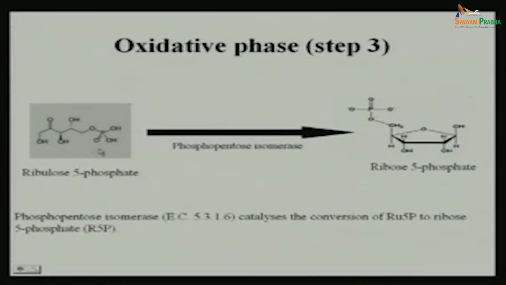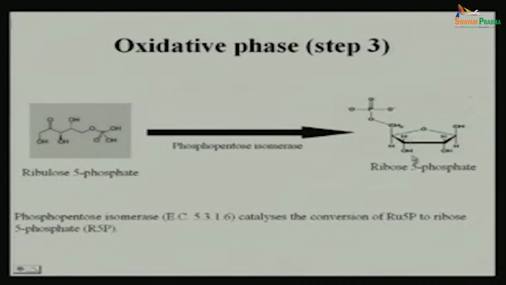When ribulose 5-phosphate is produced, in the presence of the isomerase enzyme, that is phosphopentose isomerase, this ketopentose sugar is converted to an aldopentose sugar. That means the ketose sugar is converted to an aldehydic sugar, ribose 5-phosphate.